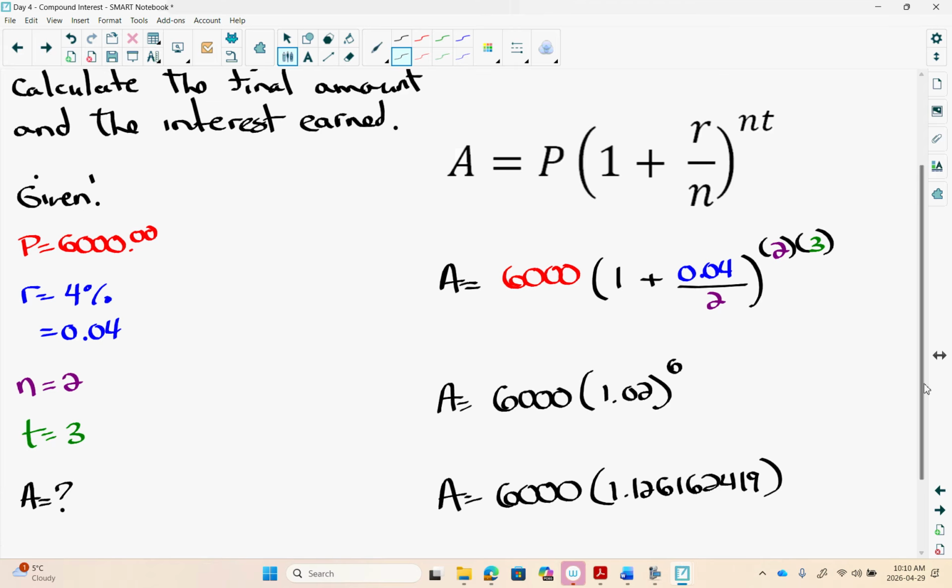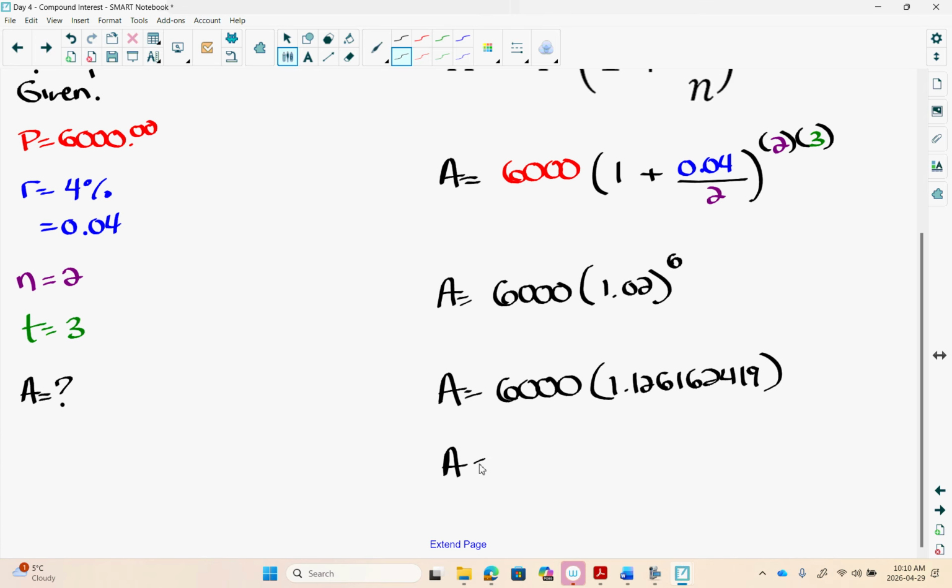Now, if you don't want to write the decimal, great. What can you do with that number? Multiply it by how much? 6,000. Thank you. That gives me $6,756.97. That's the final amount.